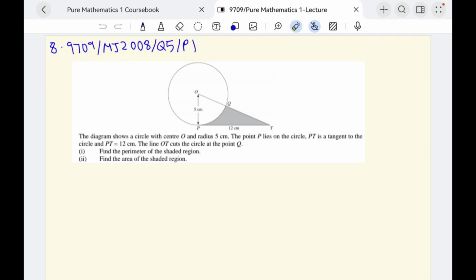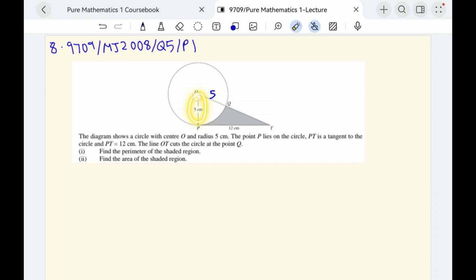I'm not going to read through the statement of the question over here, because it basically paraphrases the diagram. So yeah, given the radii OP and OQ, which are equal in length, find the perimeter of the shaded region.